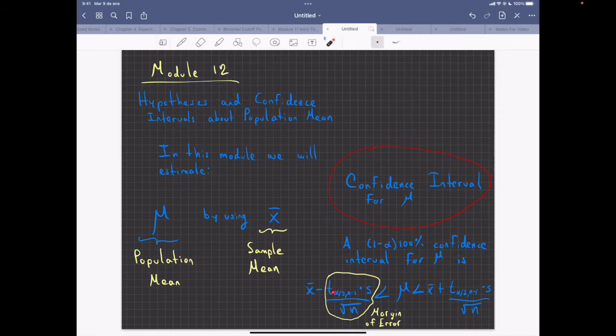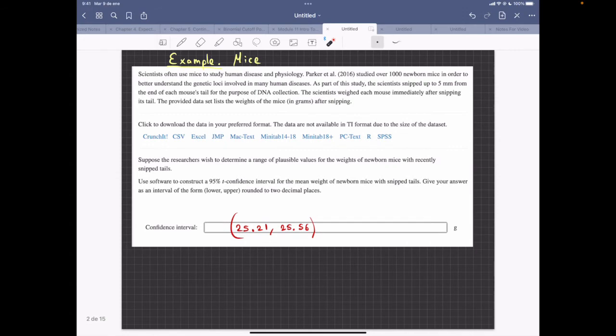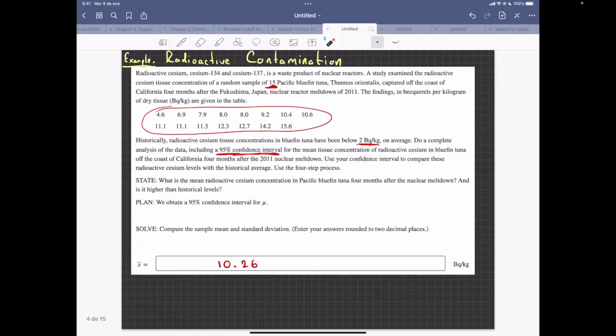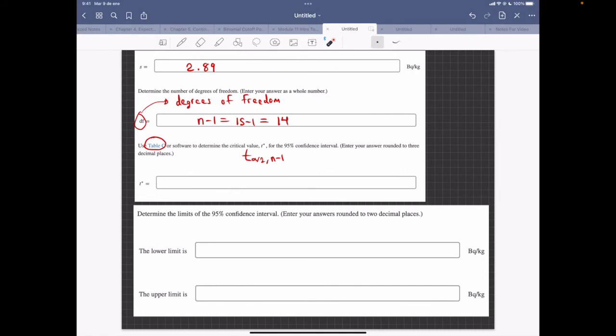We're looking for this value here. I'm sorry, I got confused. We're doing the confidence interval, not the hypothesis test right now. So you have to compute this in this case.